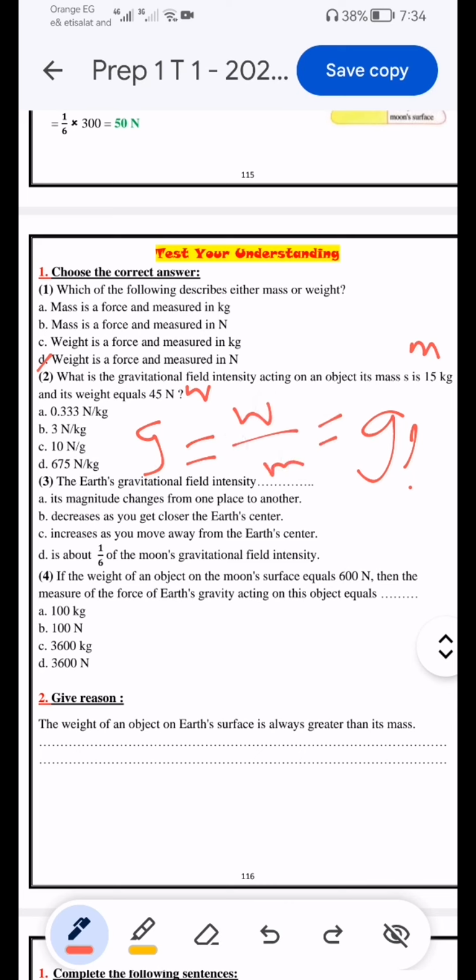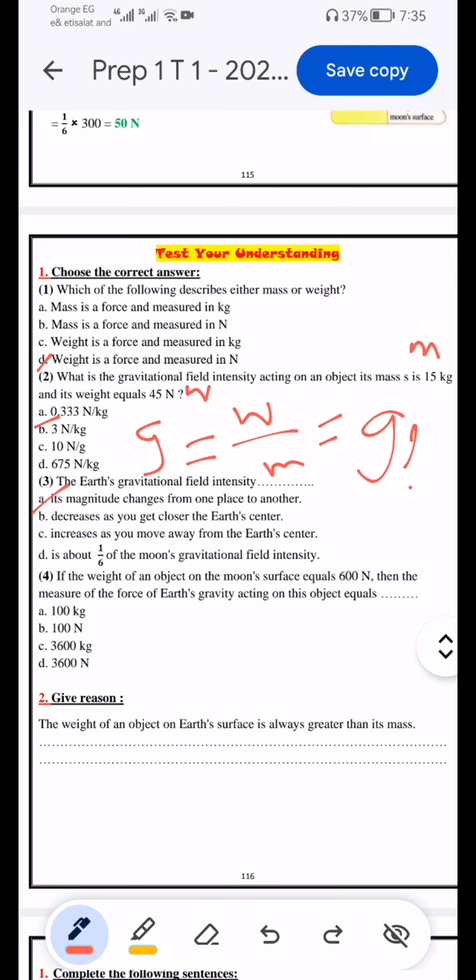So it will be 45 over 15 equals 3 Newton per kilogram. Number 3, the Earth's gravitational field intensity is a magnitude that changes from one place to another. A. It's true.